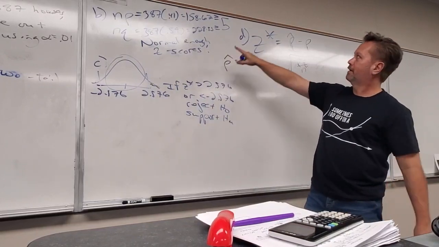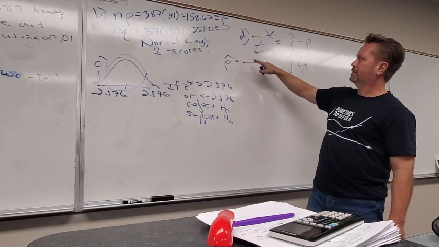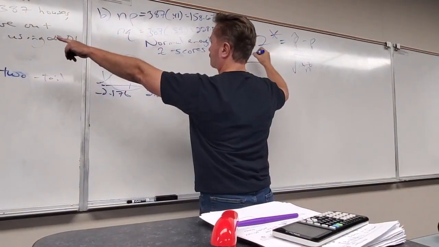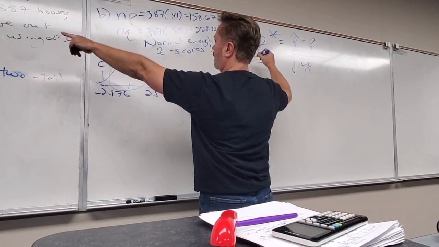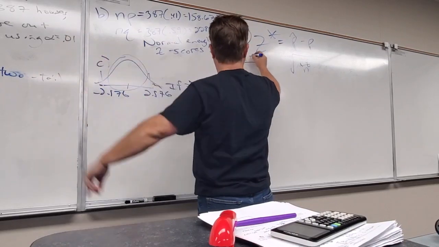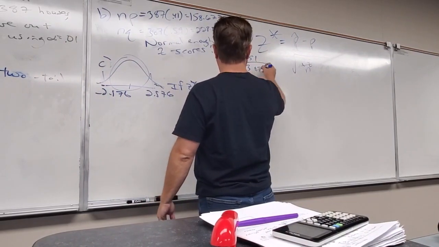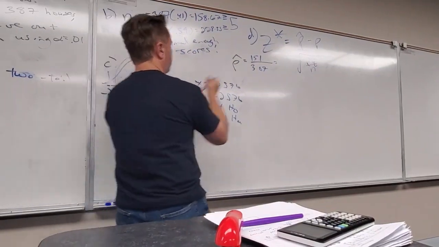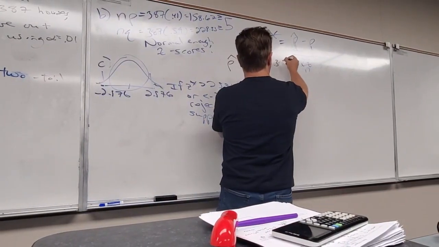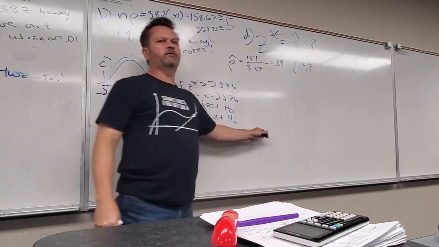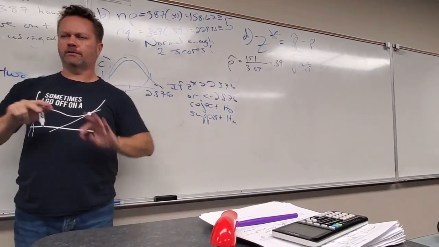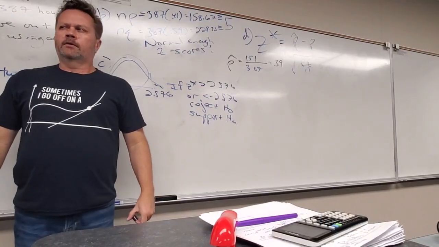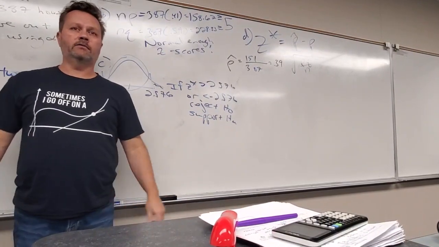Now, part D, we're ready for this. What's p hat? How do I calculate that? 151 out of 387, and you get, if I remember correctly, 0.39, is that right? Yeah, 0.3901. Remember, you have to round these to at least 3 places, so 0.390 is fine. And then you just plug that in, right?